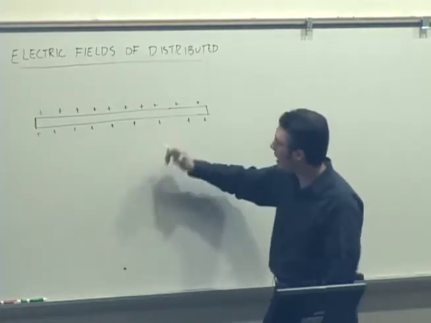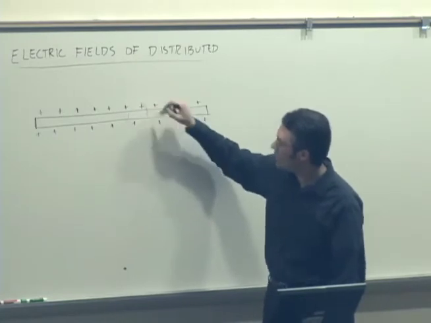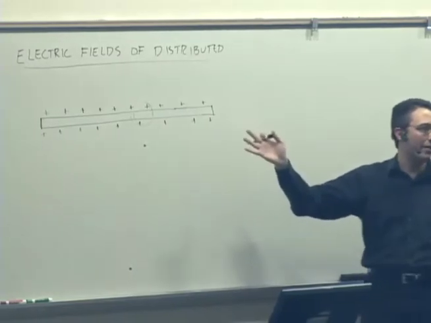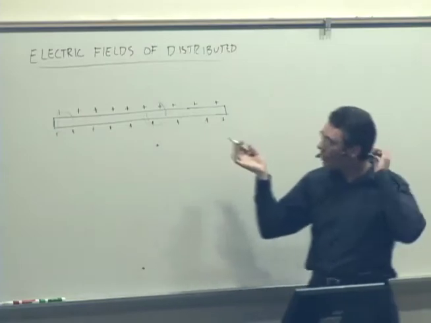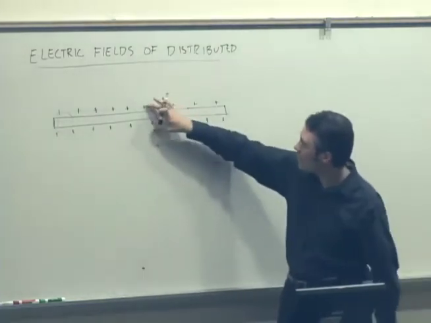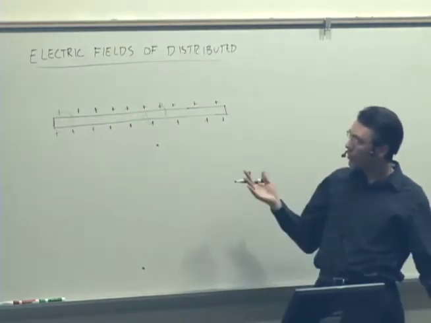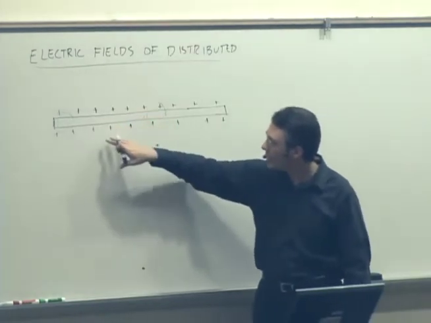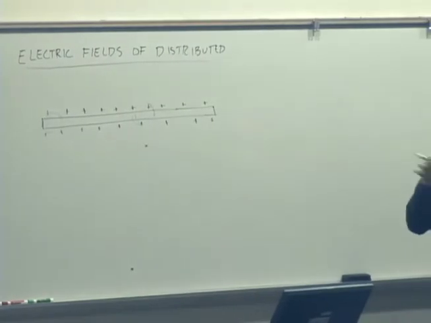Okay, so you're saying that clearly, because this part of it is closer to our observation location, that's going to have a bigger effect than somewhere over here. So one approximation might be that we can just treat this part as having a bigger effect than this part. And that's certainly true. And of course, the farther away you get, the bigger that r is going to be, and so the smaller the field would be due to those individual charges.